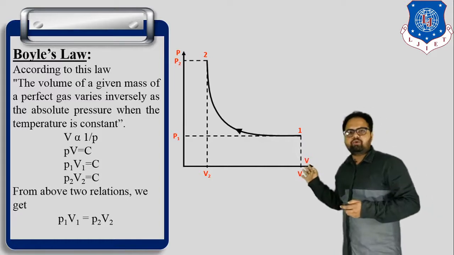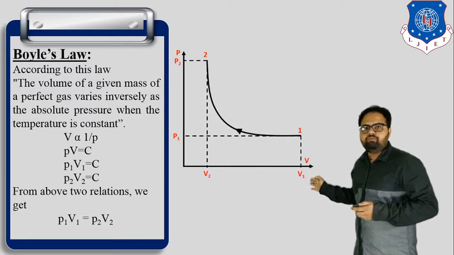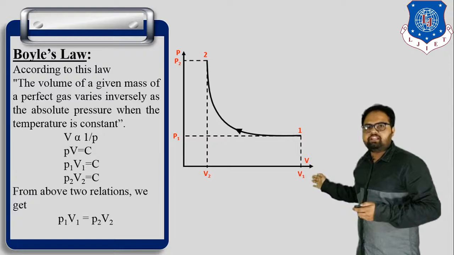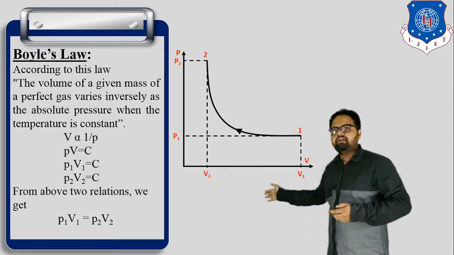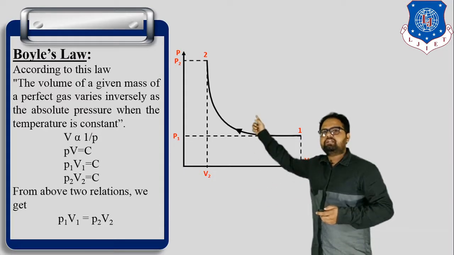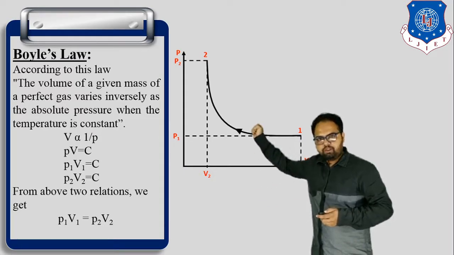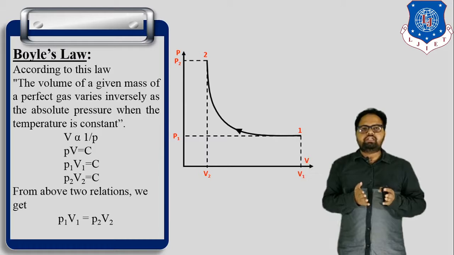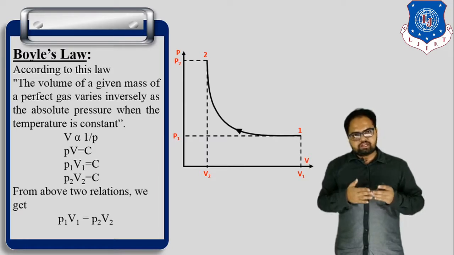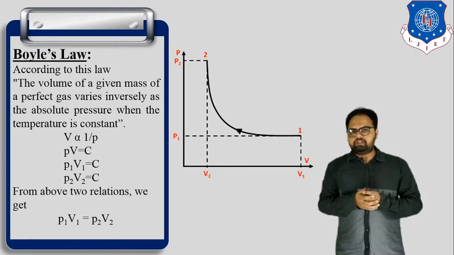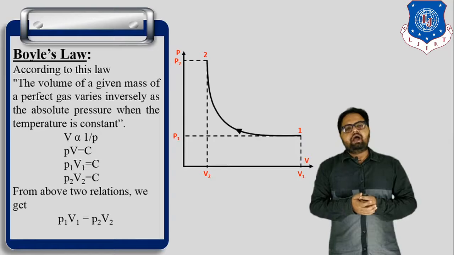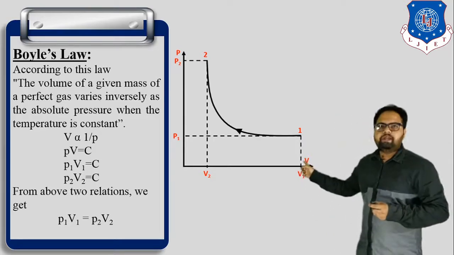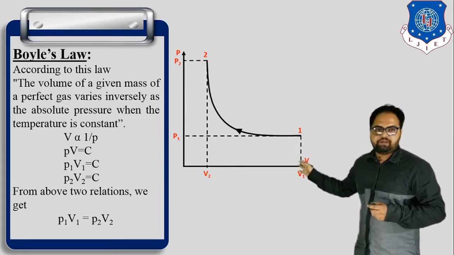Here in the PV diagram you can see that when the volume increases, the pressure is at minimum. When the volume is at minimum level, the pressure is at its highest point. That indicates when the pressure is increased, the volume decreases, and when the volume increases, the pressure decreases. One more question is why we have drawn a graph here, the PV diagram.